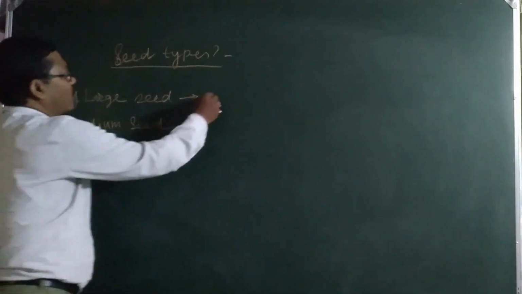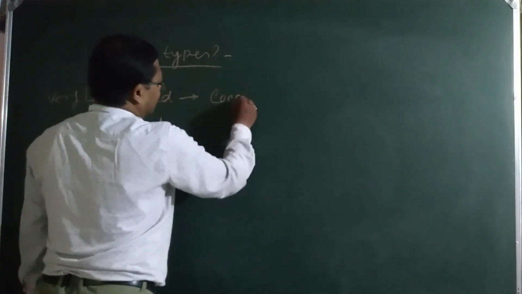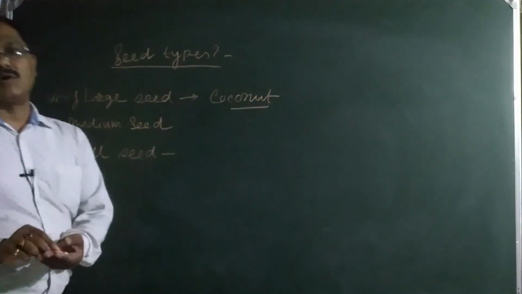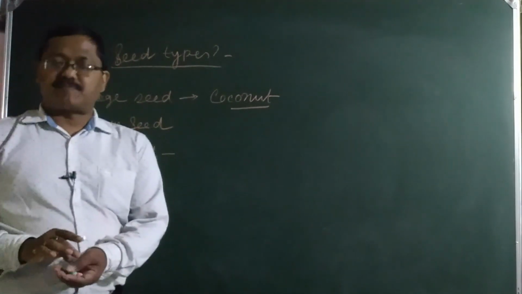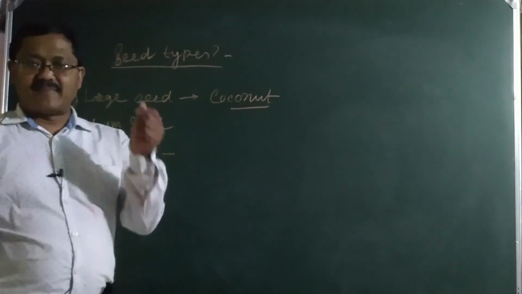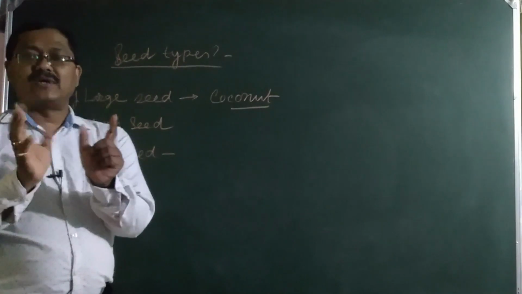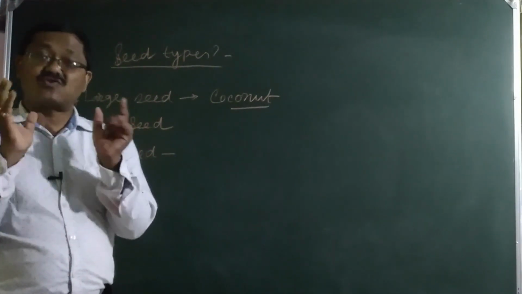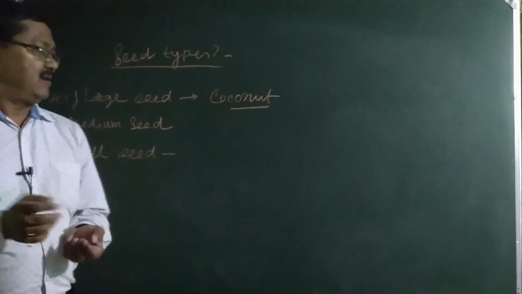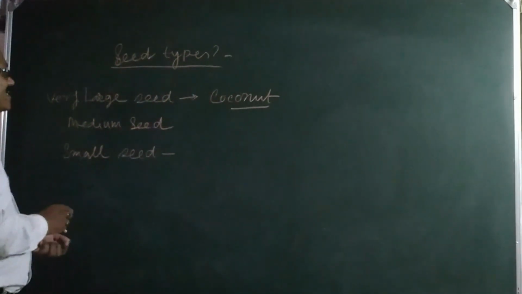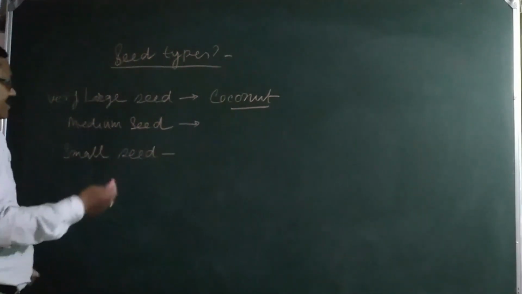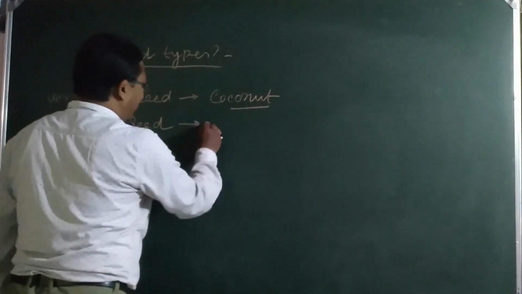The very large seed is the coconut. Coconut is a monocotyledonous plant, and its fruit is fibrous, and within the fruit a stony covering is present. The seed is very large and covered by a stone-like wall. Then the medium sized seed is the mango seed.